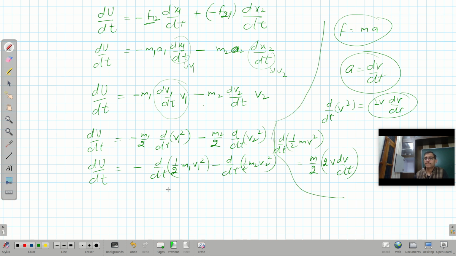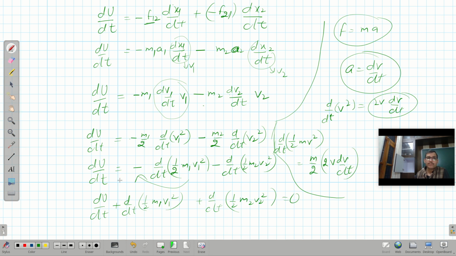Right? So let us bring these towards here. Therefore, I can write d upon dt of half m1 v1 square plus d upon dt of half m2 v2 square, plus du upon dt, and it is equal to 0.